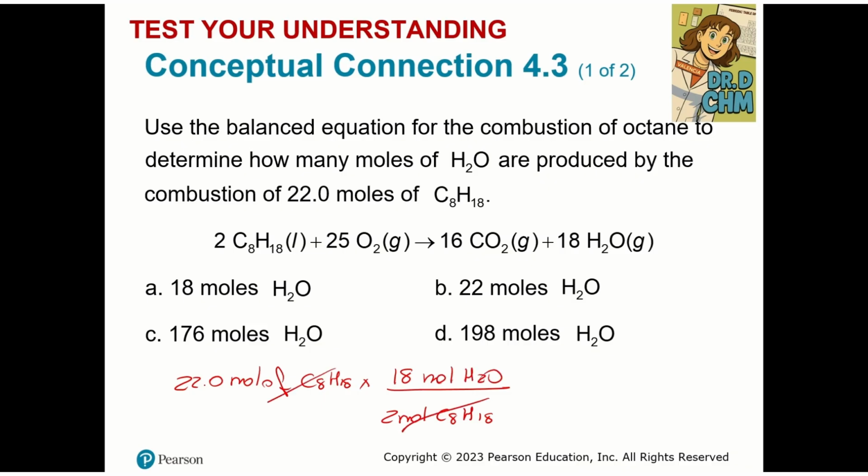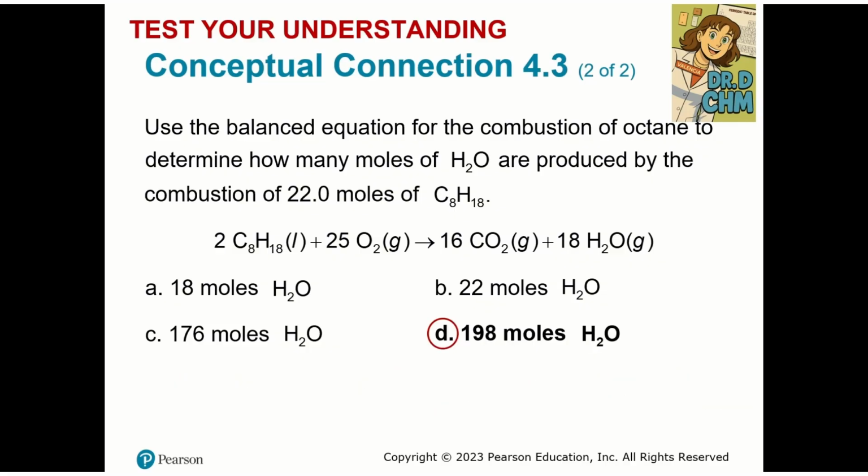So I can cancel this out. If I divide, it would be 9 times 22, which is 198 moles of water. Pretty simple, right? The same thing that we did with the pizza, we're going to do here with chemistry.